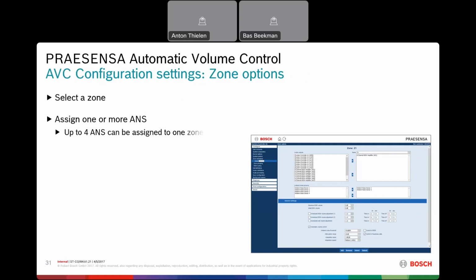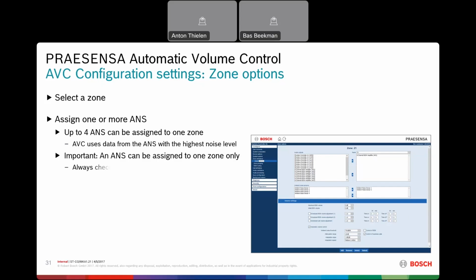So you select the zone, and you can assign one or more ambient noise sensors, which are then a maximum of 4, which can be assigned to that single zone. So the AVC uses data from the ANAs with the highest noise level. In that case, it will pick it up as important.